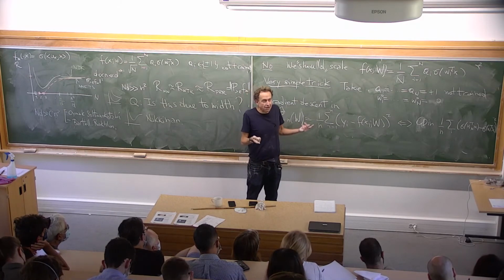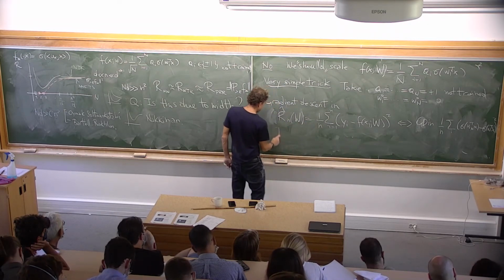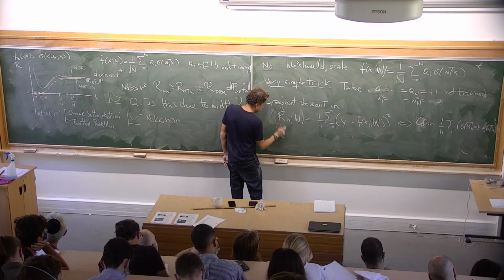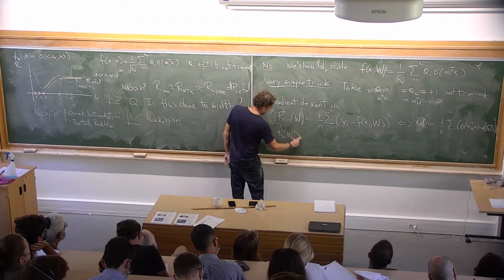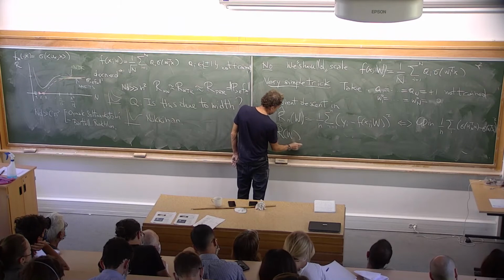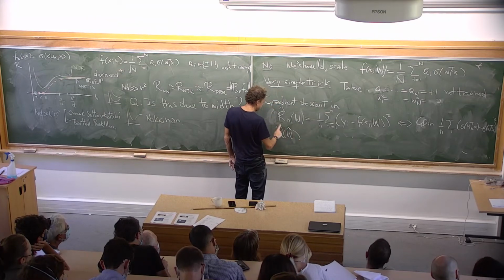So the population error of W hat that you get from this converges to 0.